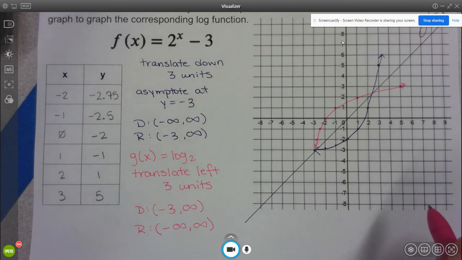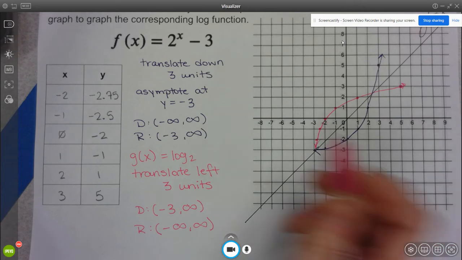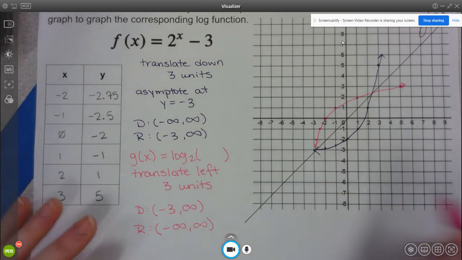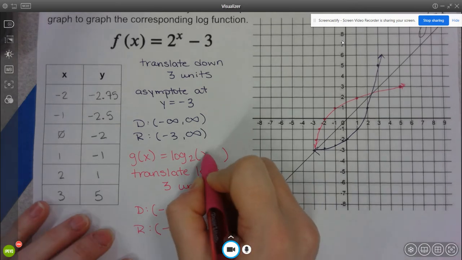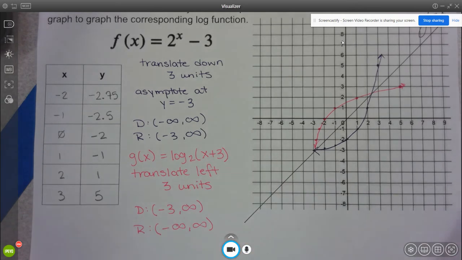That's going to be very similar to what we did with our exponential function, and it's going to change what's happening inside of the parentheses with x. Now remember, if I'm moving left, I write the opposite. So this is going to be x plus 3.